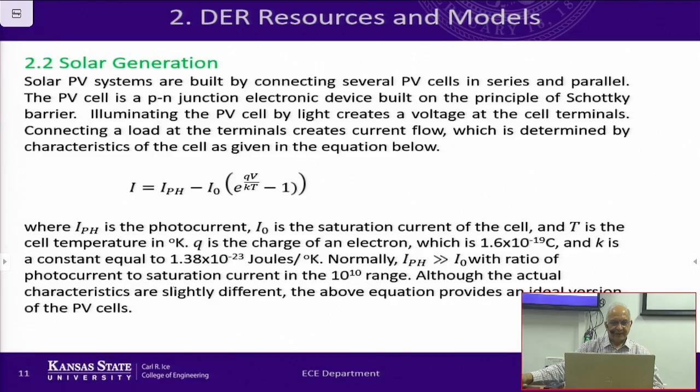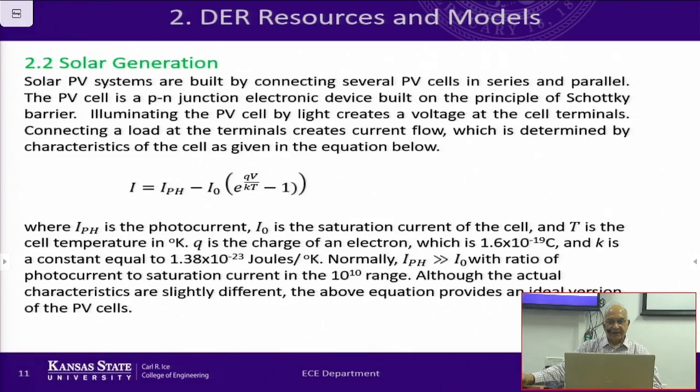What we have here is I_PH, the photocurrent, I_0, the saturation current of the cell, and T, the cell temperature in degrees Kelvin. Q is the charge of an electron, which is 1.6 times 10 to the power minus 19 coulombs. K is the Boltzmann constant, equal to 1.38 times 10 to the power minus 23 joules per degree Kelvin.